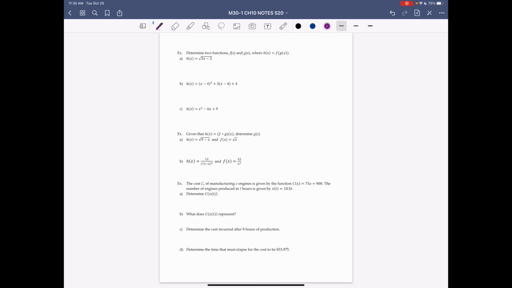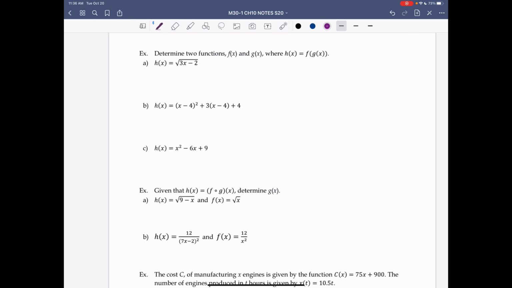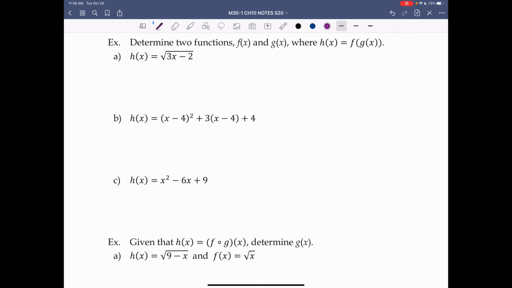Determine two functions f of x and g of x where h of x equals f of g of x. A, h of x equals the square root of 3x minus 2. f of x is our outer function, g of x is our inner function. If we look at our function h of x, we have the square root of 3x minus 2.